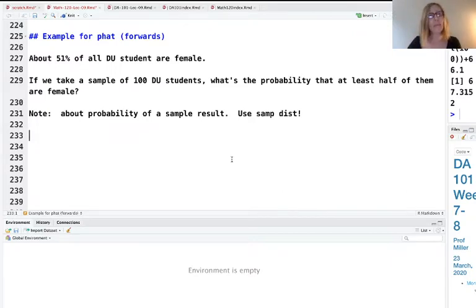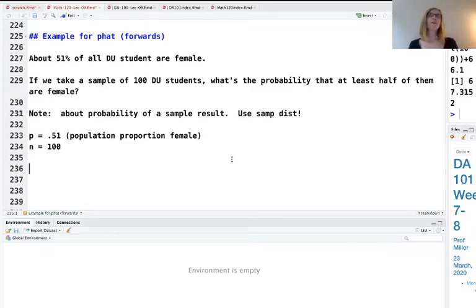Well, it's P. P is the population proportion. That's the percentage for everyone. And here, this problem tells me that P is equal to 0.51 because 51% of all Denison students are female. Okay, cool. We also see that we're taking samples of size 100, so I'll make a little note there, n equals 100.